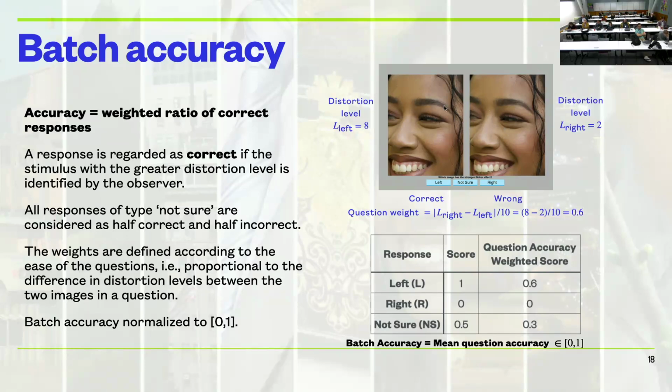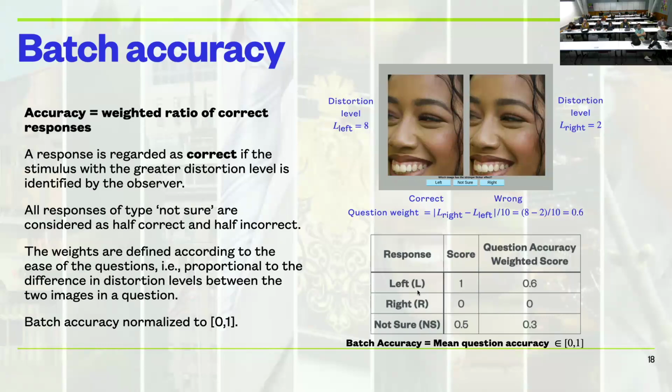Here's an example on the right. We have two distorted images. One on the left has distortion level 8, and the other one on the right has 2. So the correct answer would be the left one, the one with the stronger distortion. The weight is the difference of the levels: 8 minus 2 is 6, and then we normalize it by 10, so it's 0.6.